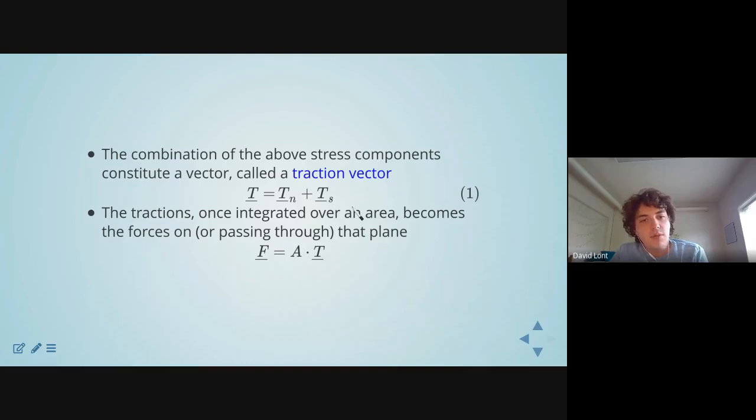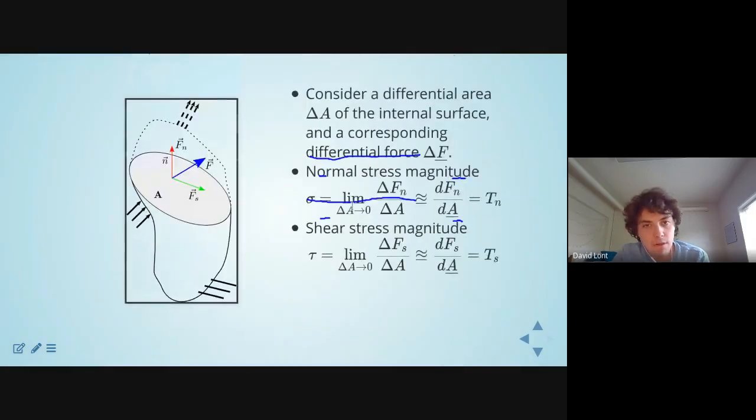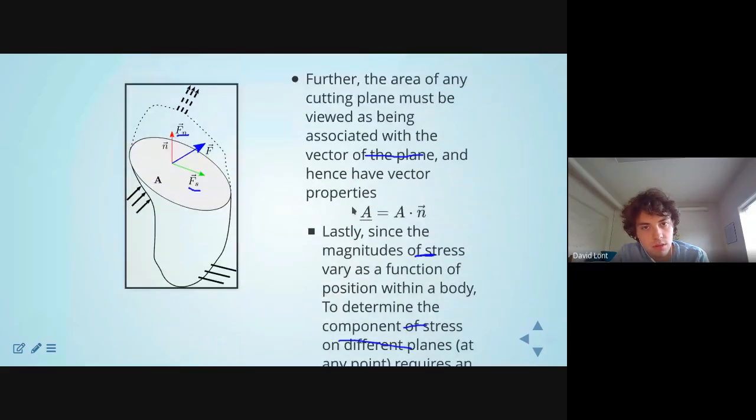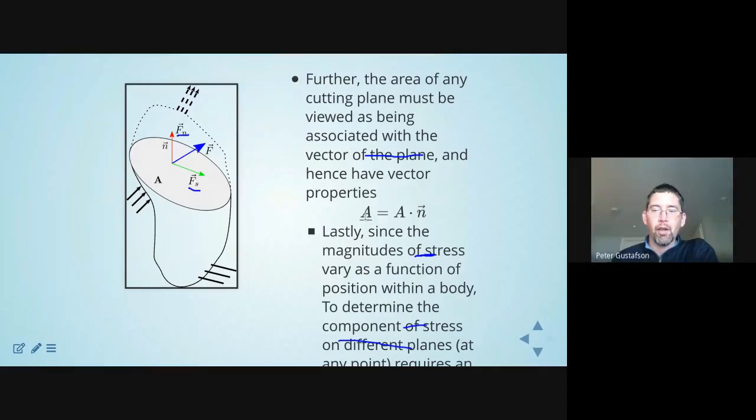Why is it that a dot product is used if the resultant of a dot product is a scalar, but here we have the definition as being a vector? Okay, yeah. I guess it's not entirely clear what you're asking. So here the area is a vector area, which is a magnitude times a vector direction.